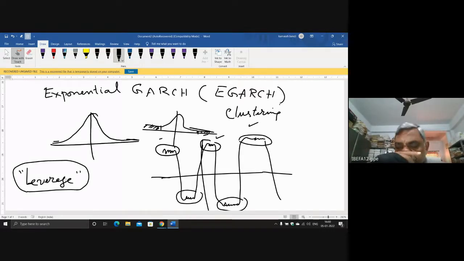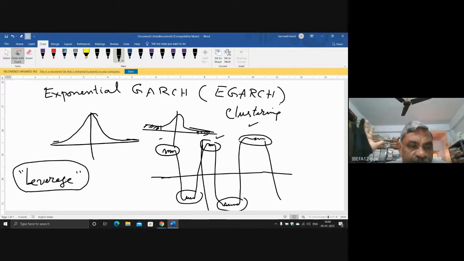But when it comes to price changes or returns, suppose there is a negative shock in the market, then what will happen to the returns? Will it not pull down the market? Negative returns pull down faster than positive returns stimulate the market.